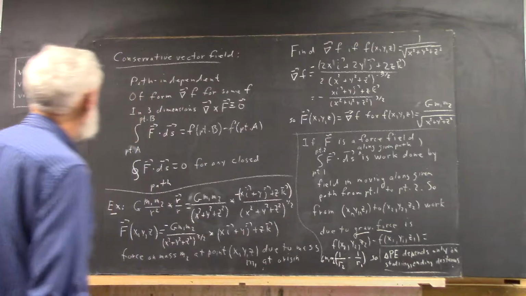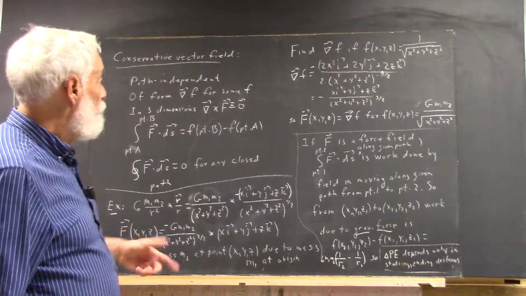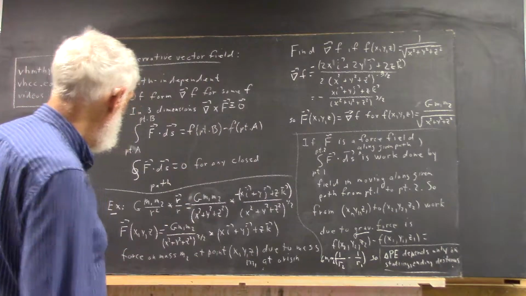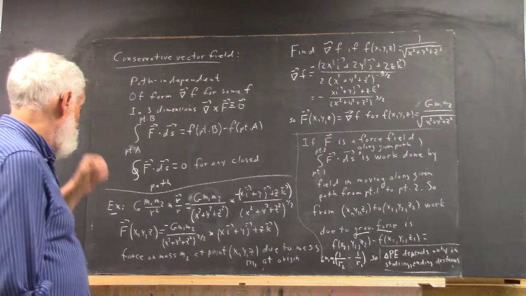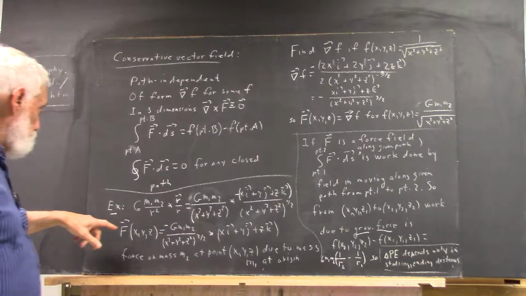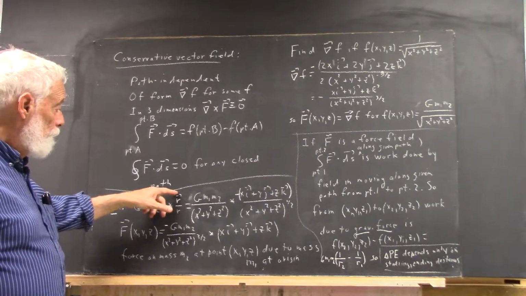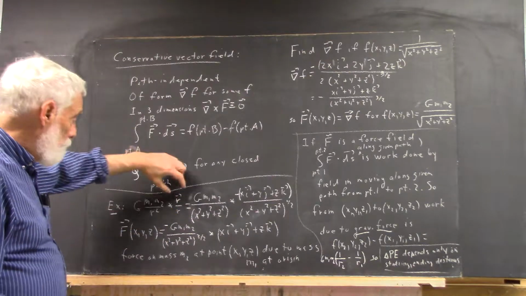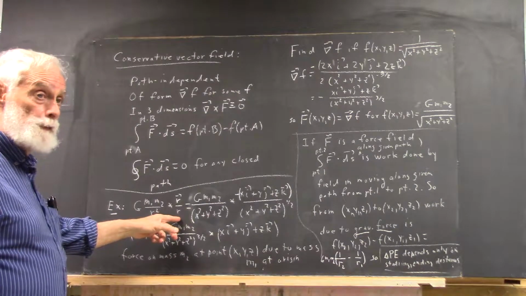Now, an example of a conservative vector field. Okay, well, I'm just going to say that this is a conservative vector field, and then we'll prove it by taking a gradient of the function that happens to be its antiderivative, or what we call its potential function. G times m1 m2 over r squared times the r vector divided by its magnitude, because little r is the magnitude of the vector r, is a conservative field.